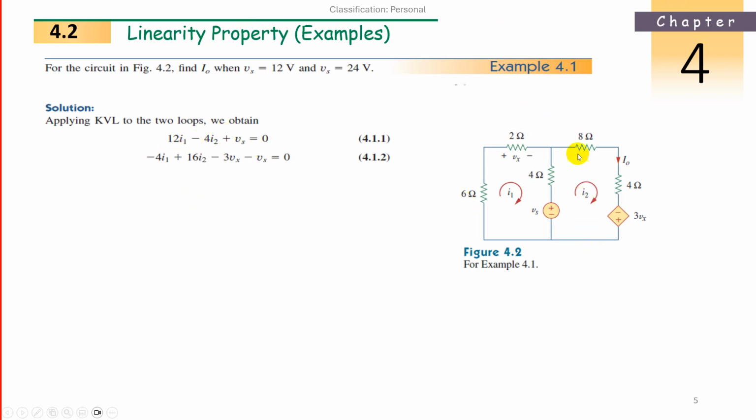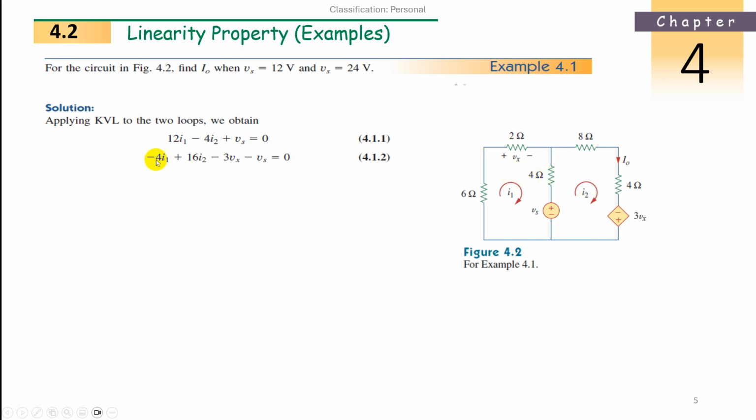Now the second loop, same way. How many resistances have the I2 current flowing? The same I2 current flows through 4, 8 and 4. These three resistors carry the I2 current. So the sum of this is 8 plus 4, 12 plus 4, 16. So 16 I2, and this 4 ohm resistance also has another current I1 in the opposite direction, so minus 4 I1.